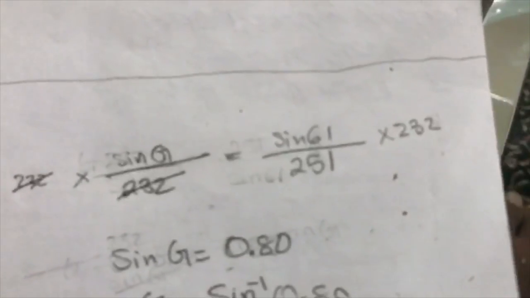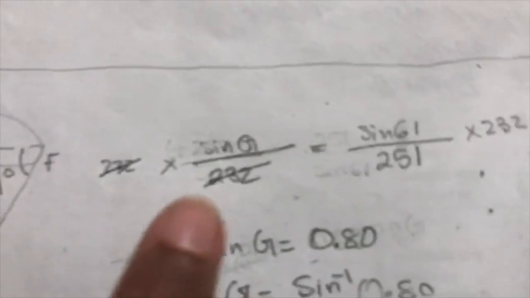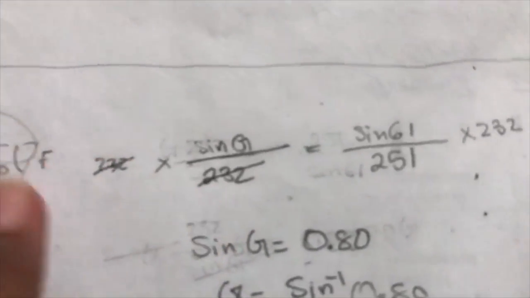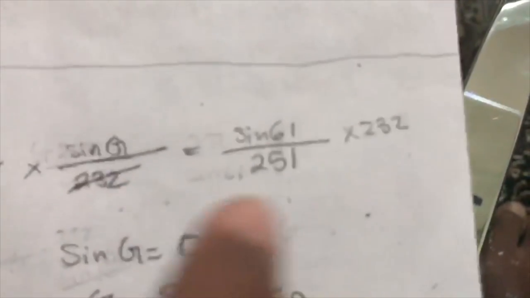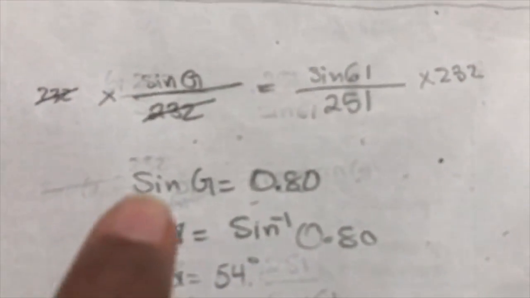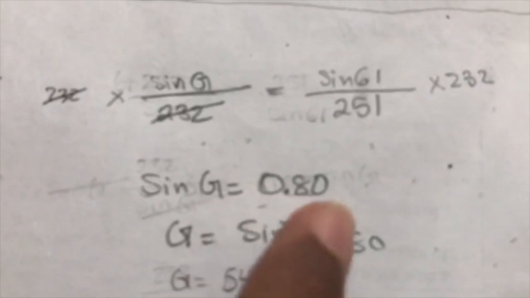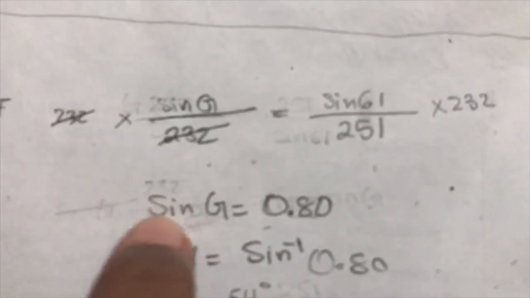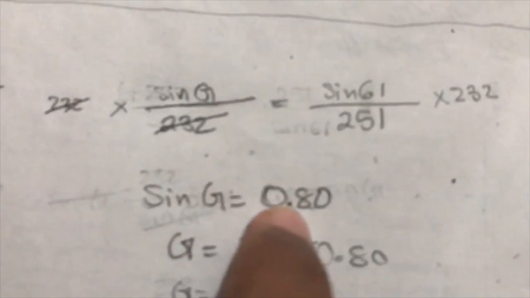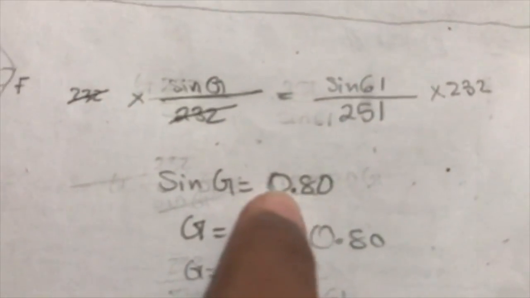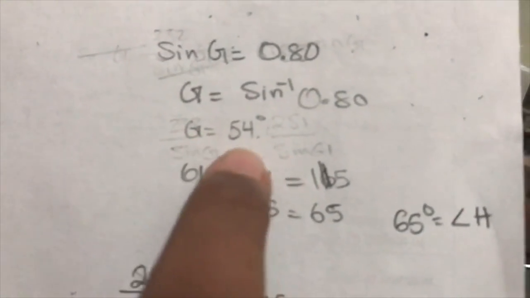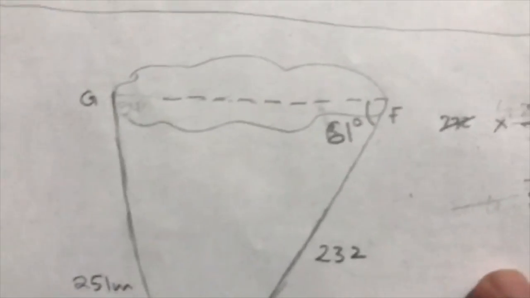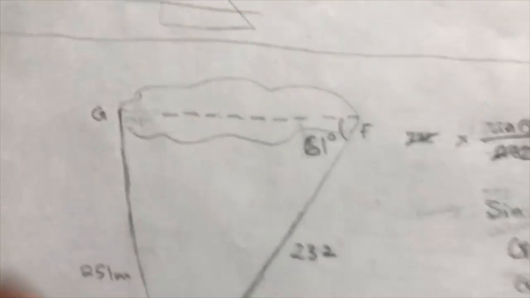And then you multiply 232 by both sides to cancel them out, and you multiply them by the other side too. And then you get 0.80. Then you move the sine over, and it will become sine inverse. Then you get 54 degrees. So now we have 54 degrees here.